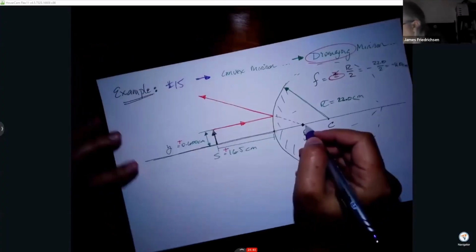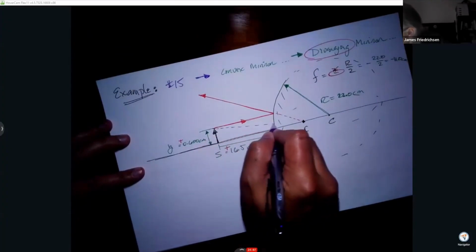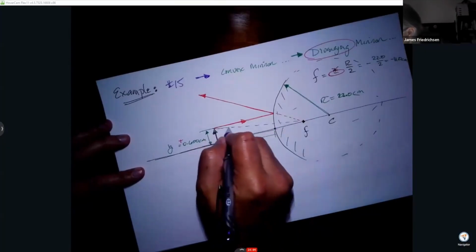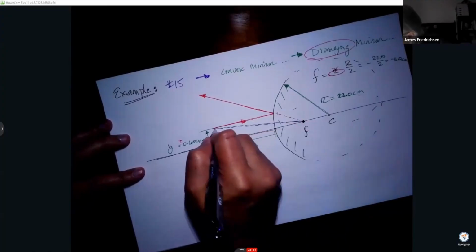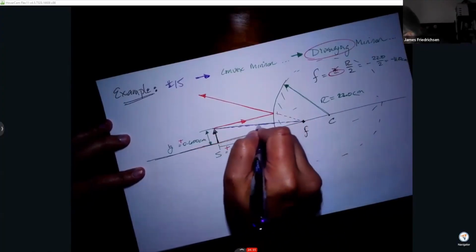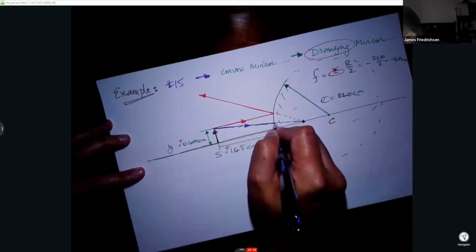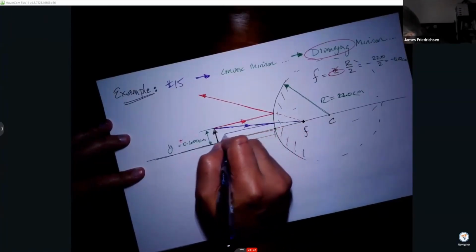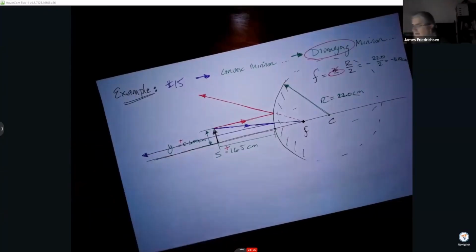Well, we're never going to make it to the focal, but we're going to shoot as if we would go to that point. And so the ray heading like this will go through the focal, and once you hit the mirror itself, it's going to reflect. And it's going to come off parallel to the principal axis. And then our third ray is going to go through the vertex.